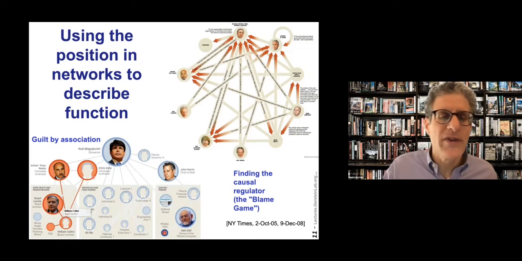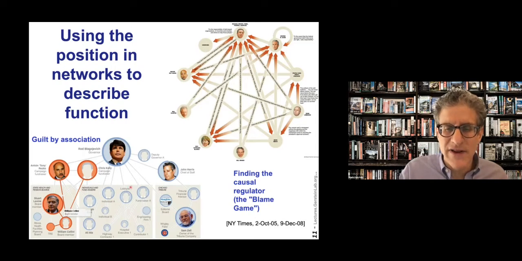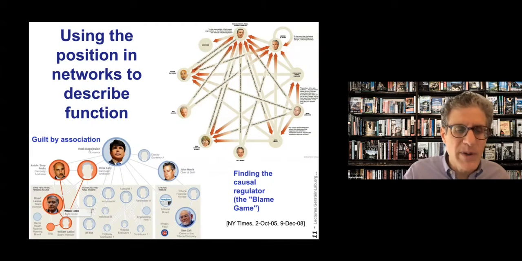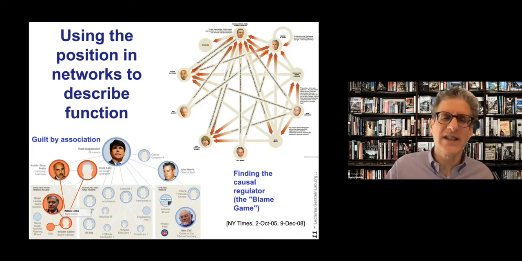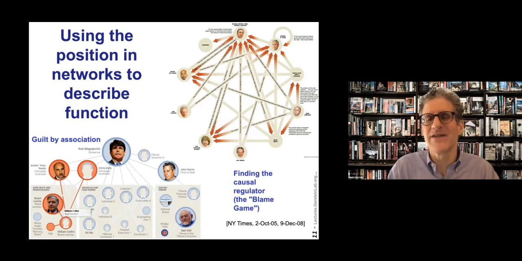And the implication of this, if you look at this figure, was there's a group of people here that are all kind of wrong. And so maybe the other nodes that are linked, like this one, maybe even the governor, that are linked by many of these red nodes, should also be guilty. And again, it's obvious, this is guilt by association. If many of your friends are guilty of something, maybe you're also guilty too, maybe not, but that's a normal social suspicion.